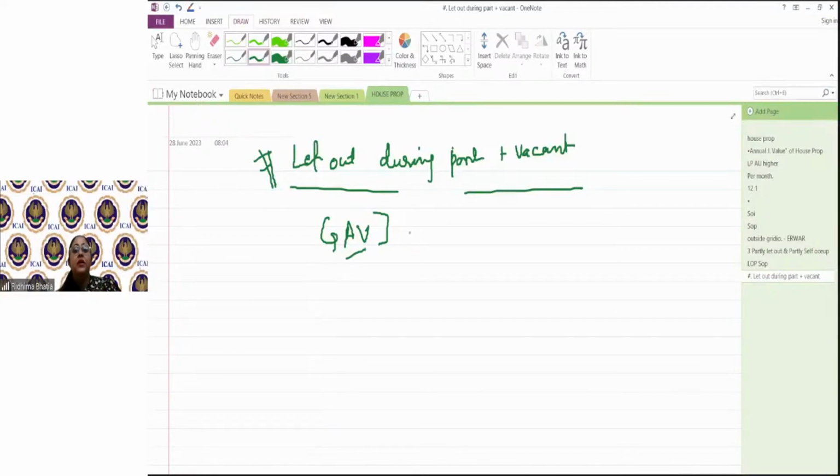So GAV here, as in my gross annual value, in case a property is let out during the year or it is vacant during the year, hamesha what do we compare? Expected rent and actual rent, correct? And whichever is higher, you take that. Correct? This is what you have done.